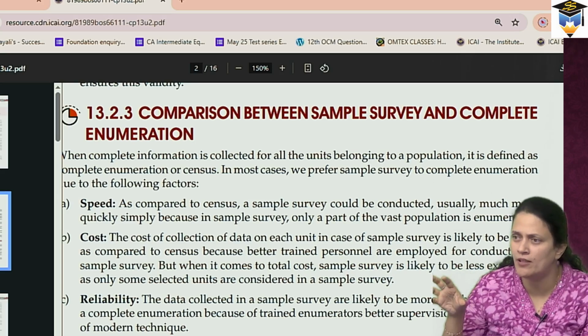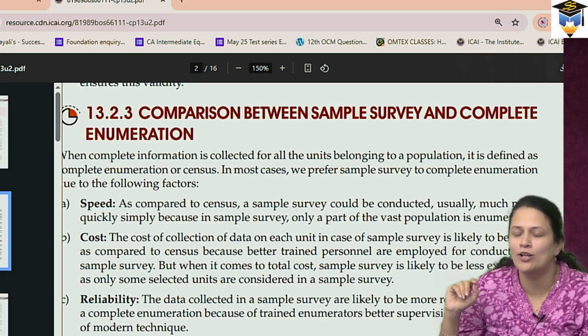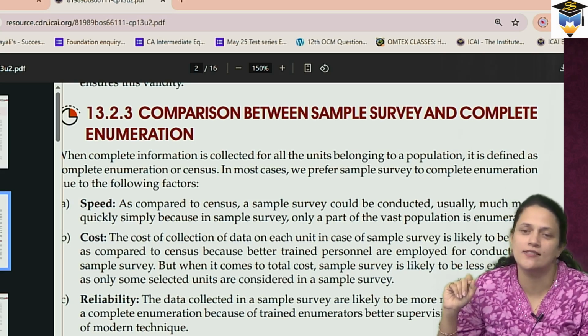Number of people in a particular year. Is it a census? Chalo, find out on Google, everybody. Tell me what is the meaning of census. Tell me the meaning of census.